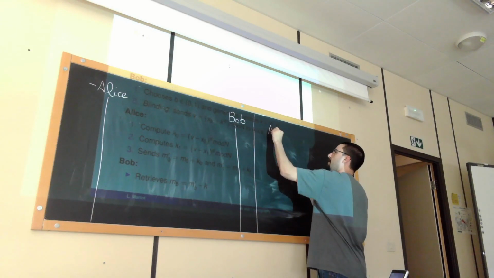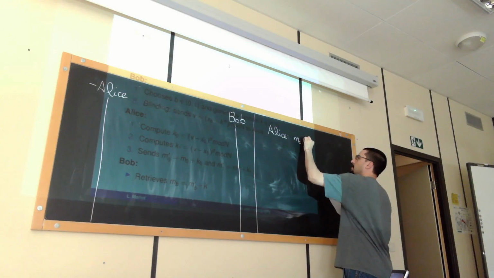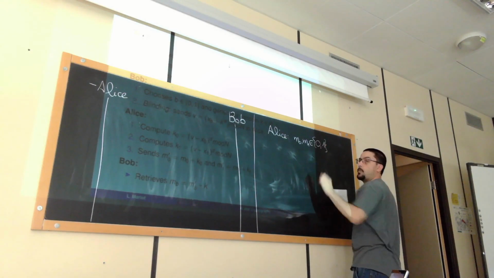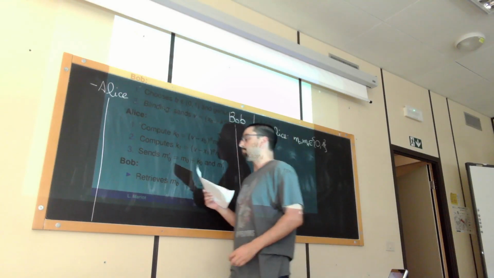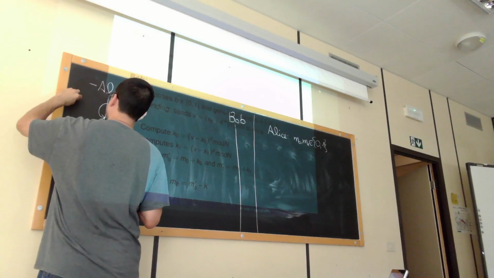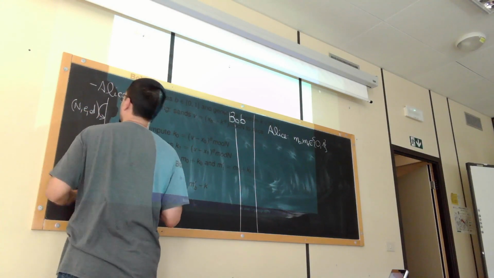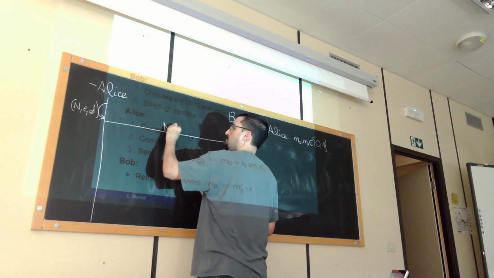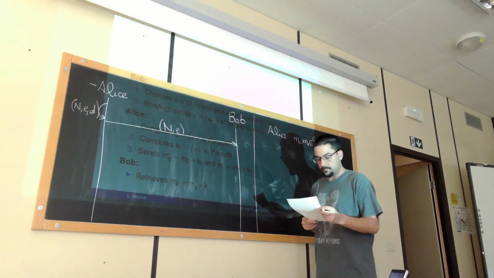So Alice has 2 secret bits, M0, M1 in {0, 1}. And then she generates a key for RSA, so a triplet N, E, D, and then she sends the public key to Bob, so N and E. So here it's still basically the same. It didn't change a lot.